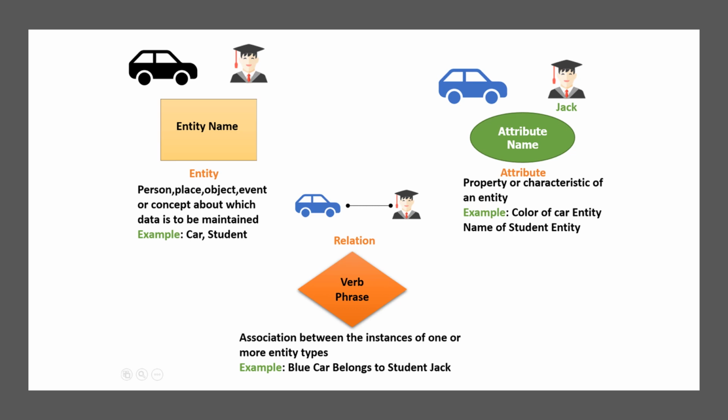And the relationship must use the verb phrase to identify the association between the instances. So we use the verb phrase to recognize it as an association. For example, blue car belongs to student Jack. So belongs is the verb phrase.